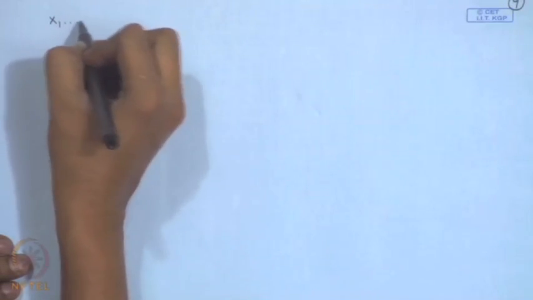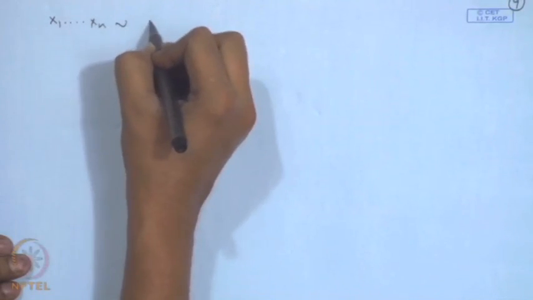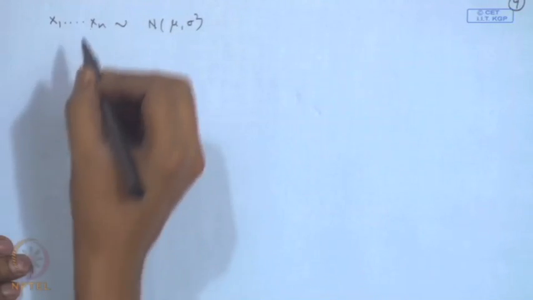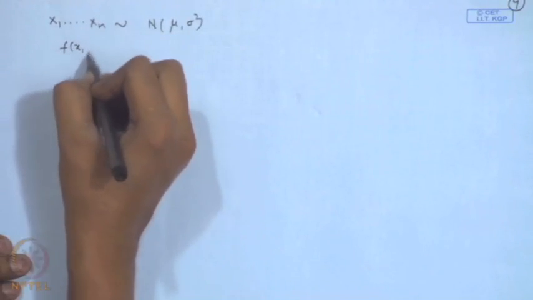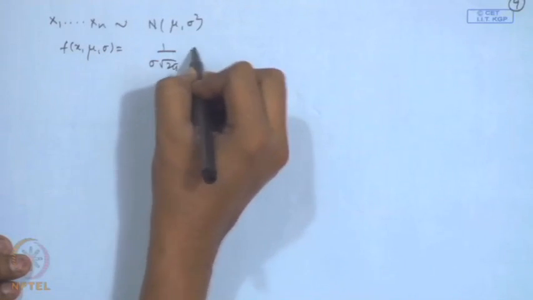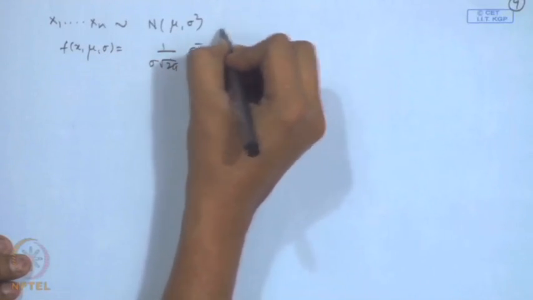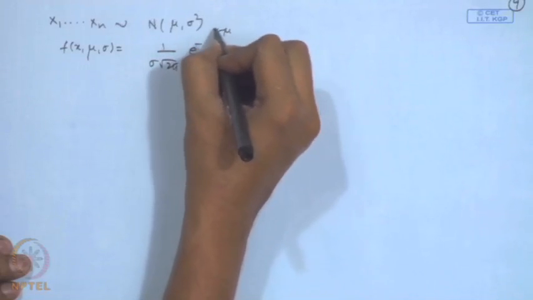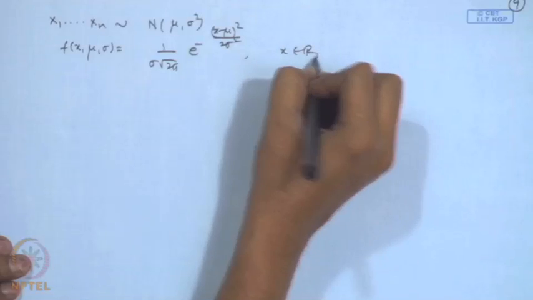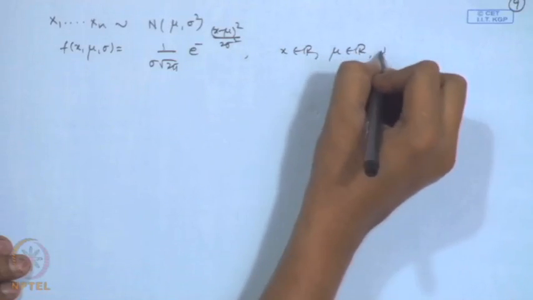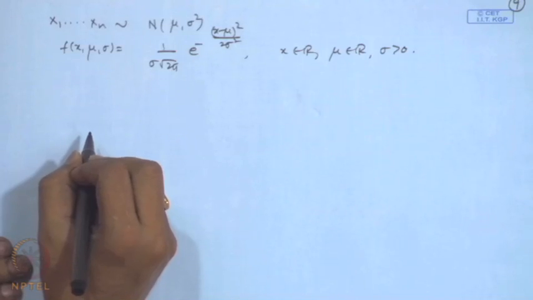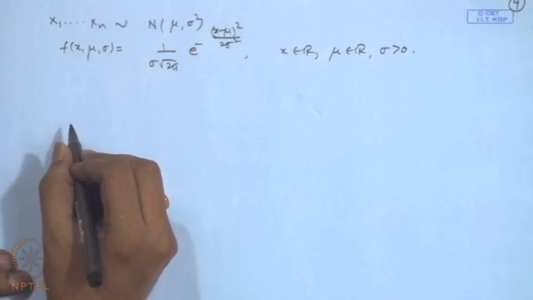Say x1, x2, ..., xn follow normal mu, sigma square. So, here the density function is 1 by sigma root 2 pi e to the power minus x minus mu whole square by 2 sigma square. We are considering sigma square here.